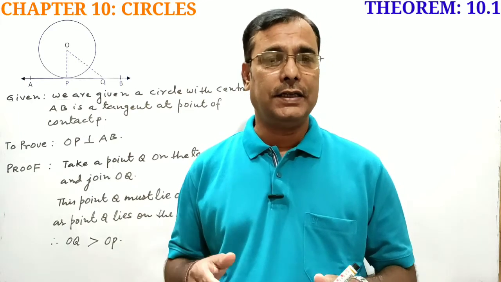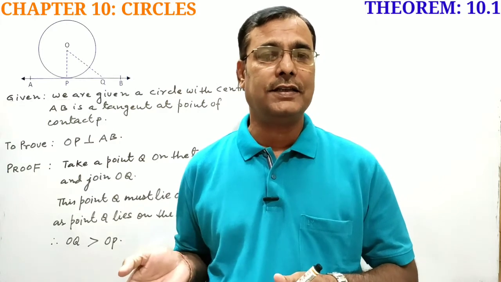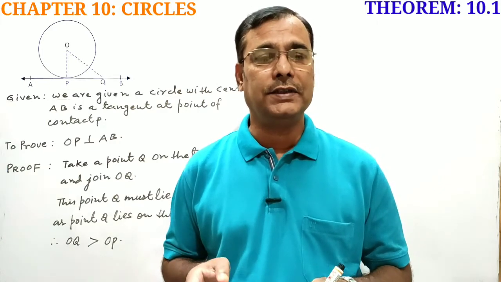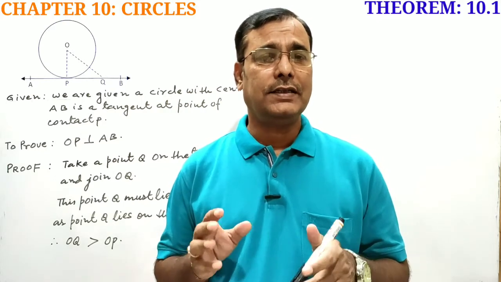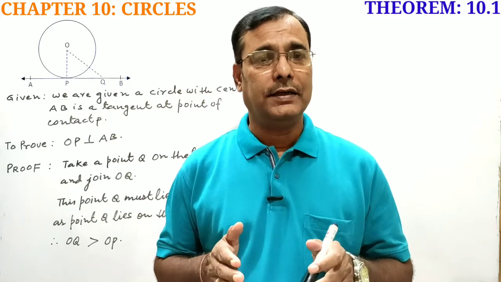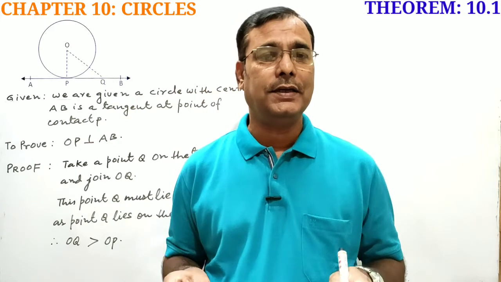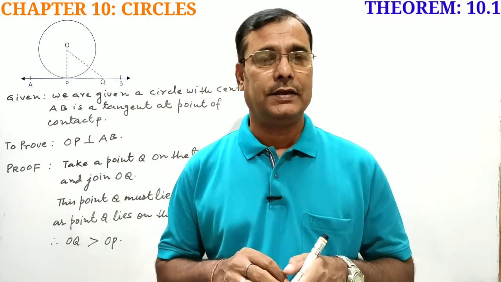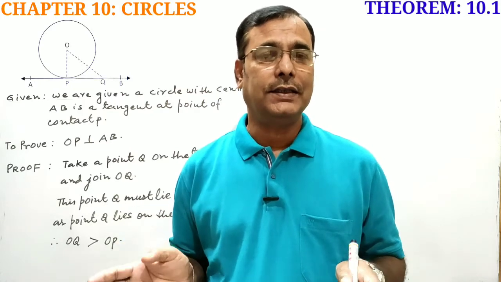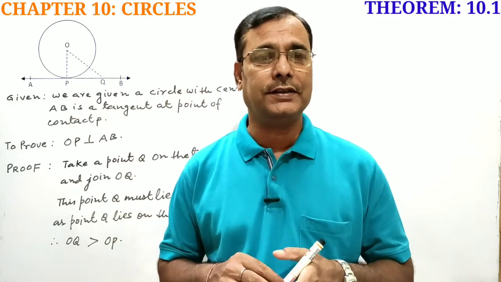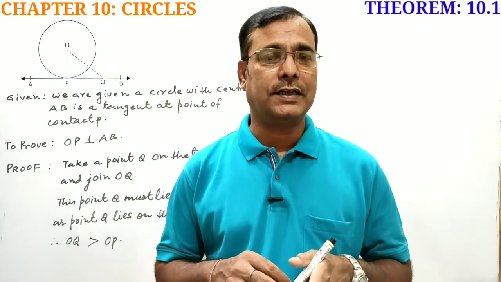Similarly, if we take some other points on the tangent AB, their distances from the center will always be greater than the radius of the circle. This is happening for every point lying on the tangent AB except point P. So, for all the points on the tangent AB, their distances from the center of the circle will always be greater than the radius of the circle, that is OP.